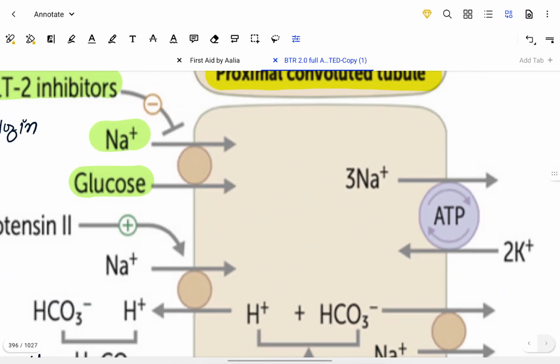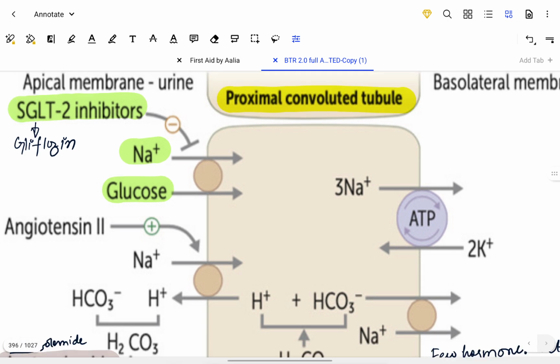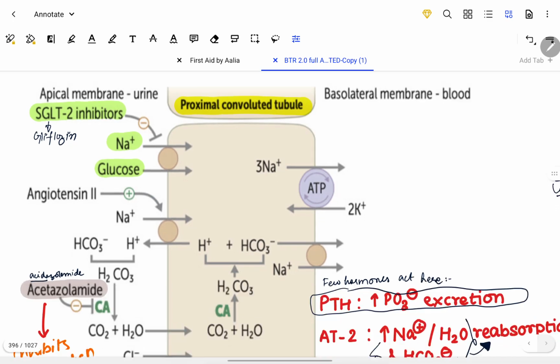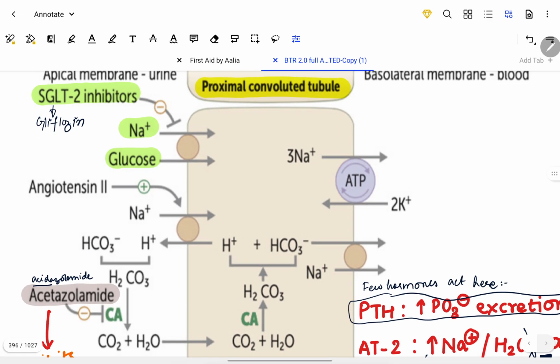So what was the function of SGLT2? It was reabsorbing glucose, and not just glucose. The name itself says sodium glucose transporter, right? So it's reabsorbing both sodium and glucose. 100% glucose is reabsorbed, and a little bit, about 1% of sodium is excreted, but still most of it is reabsorbed.